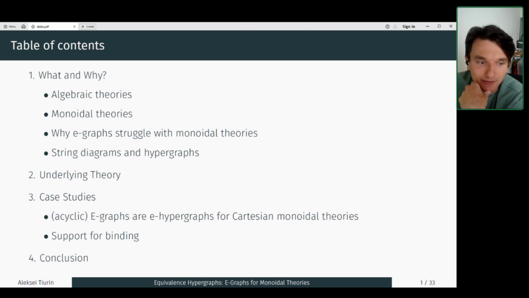Then I will very briefly and informally explain the underlying theory of graphs for monoidal theory that we have constructed, and I will demonstrate two examples. One example is about showing that e-graphs are a special case of our construction for Cartesian monoidal theories, and another example is about how E-hypergraphs can facilitate the support for binding, like for example, lambda calculus.